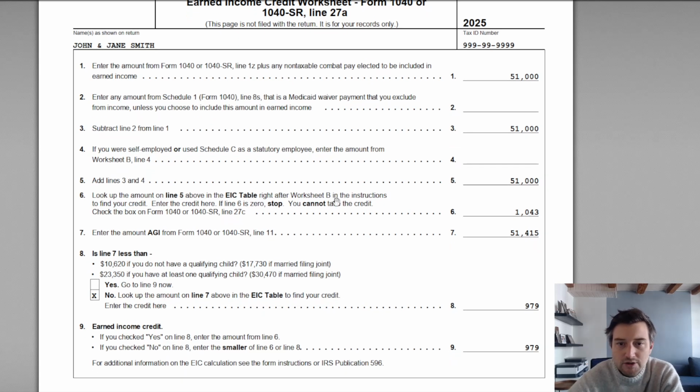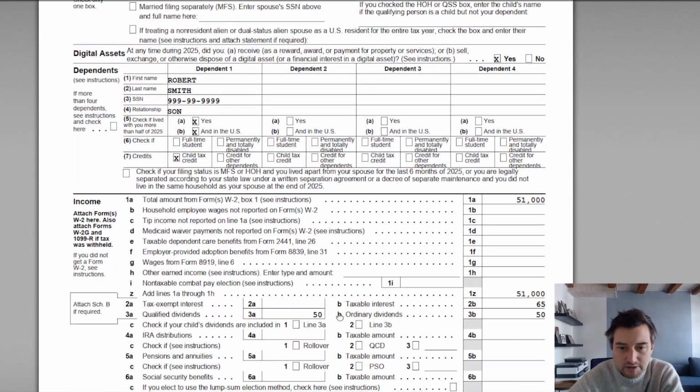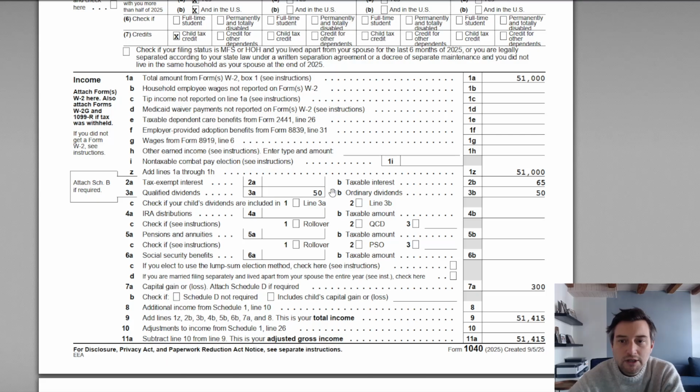All right, so the starting point here, line item 1, we have to enter the amount from your Form 1040, which is line 1Z plus any non-taxable combat pay. So in our case here, it is only our W-2 wages, so $51,000. So if we just have a quick reminder, going back up to this section here, all of your earned income, so your W-2 income, if you're a household employee, if you have other wages on 8919, 1Z is the total of all of these.